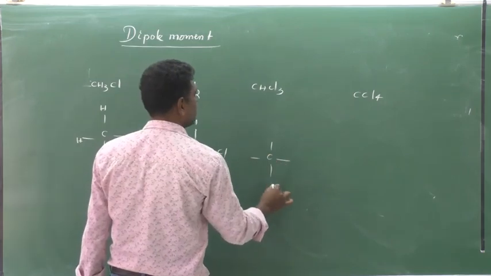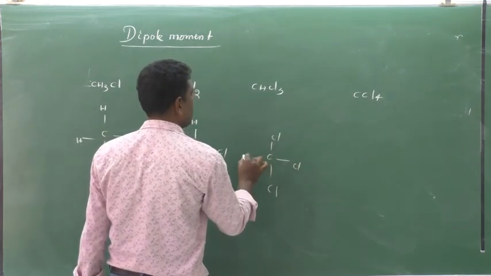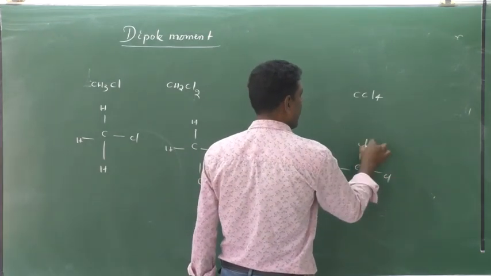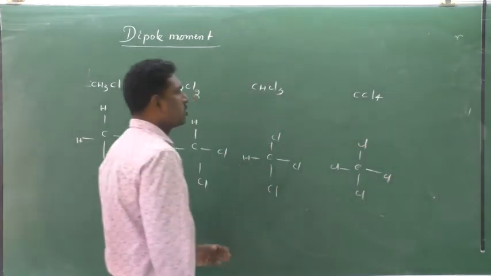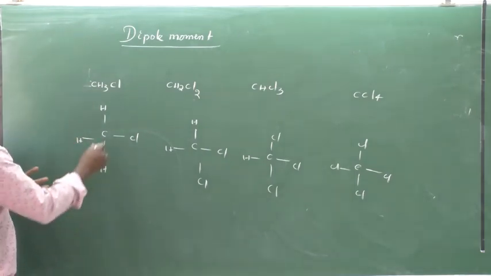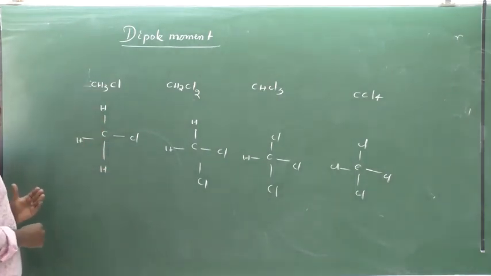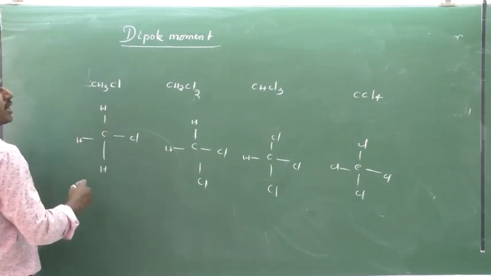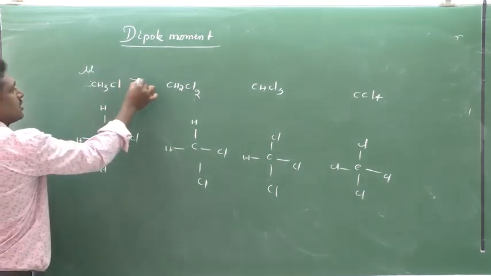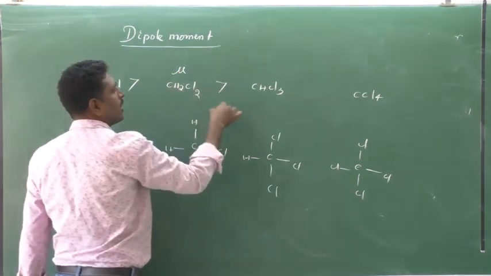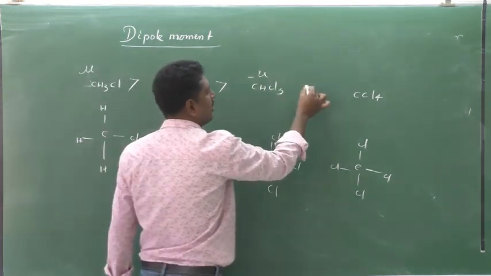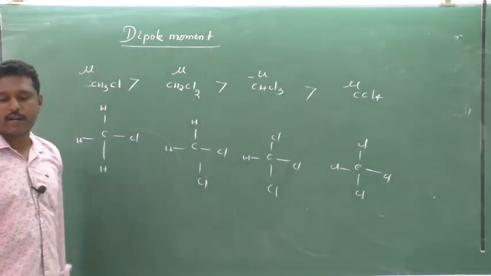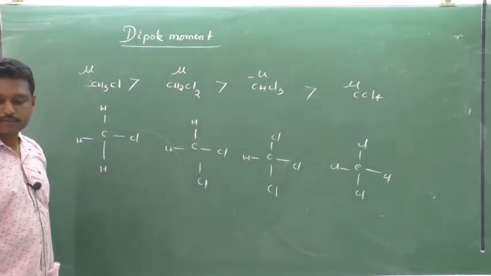Here chlorine, chlorine, chlorine, hydrogen, and here the same chlorine atoms are there. So in this case, it has more dipole moment. More dipole moment means the bond moments are in the same direction, therefore it has more dipole moment. So this is the order of the compounds.